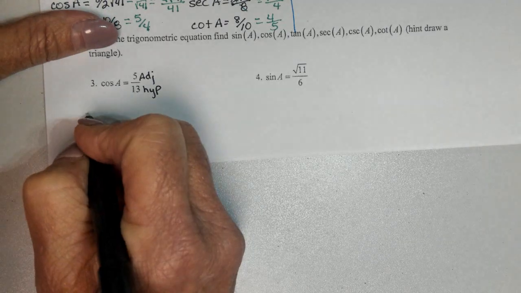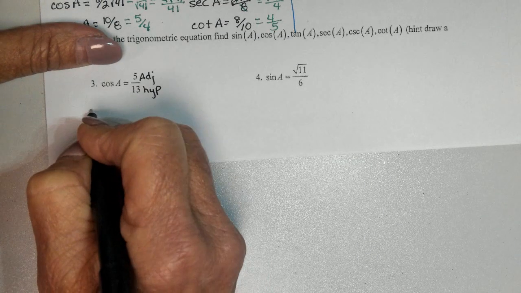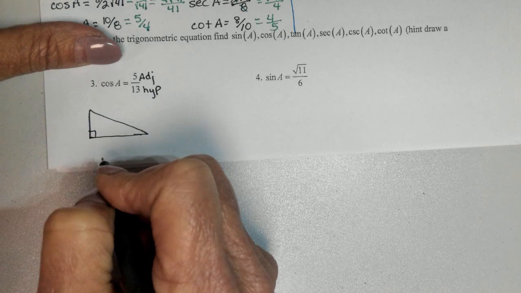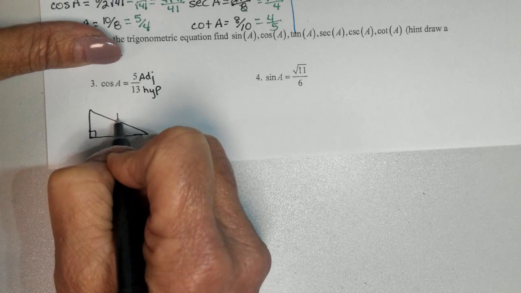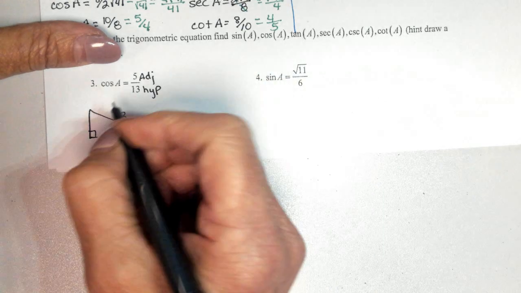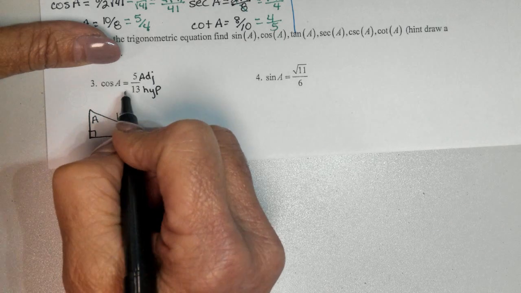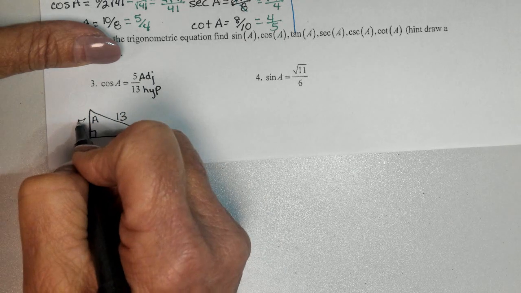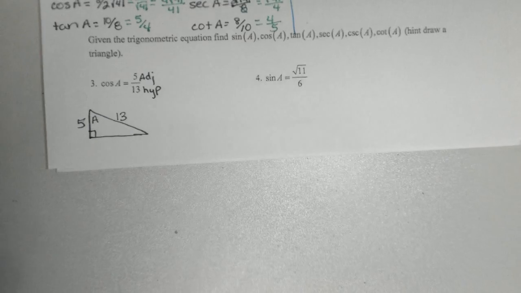then I'm going to draw out a triangle, a right triangle, and note my hypotenuse is 13. And I don't care where you put angle A, but wherever you put it, the side adjacent to it has to be 5. So that's the important part.